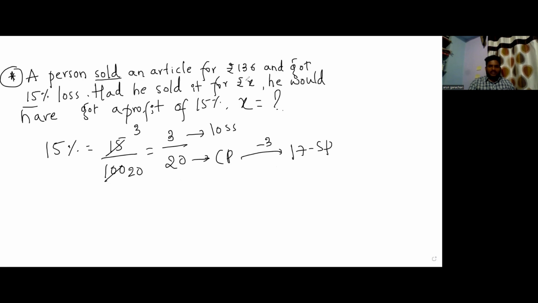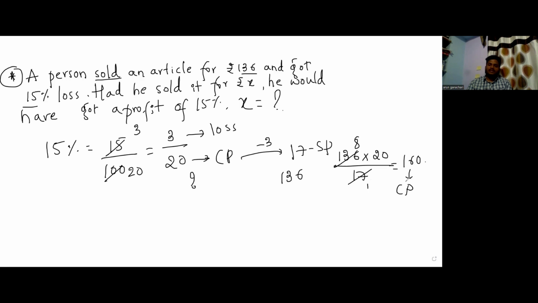In the question, they are telling you sold an article at 136. So selling price is 136. What would have been the cost price? We multiply 136 into 20 divided by 17. 17 eights are 136, and 20 into 8 is 160.